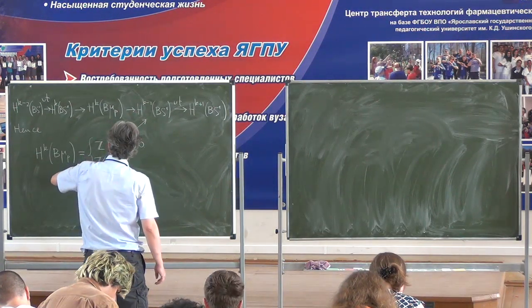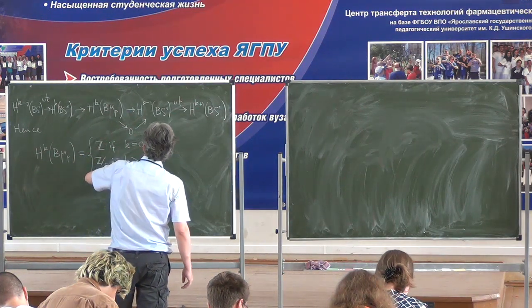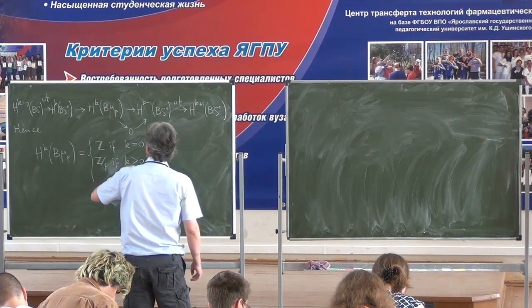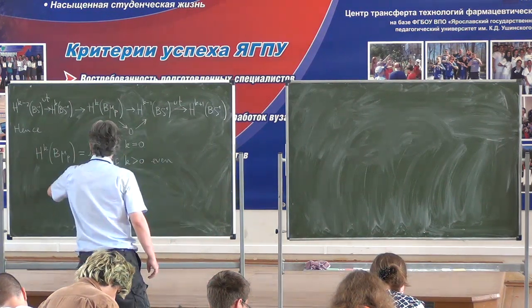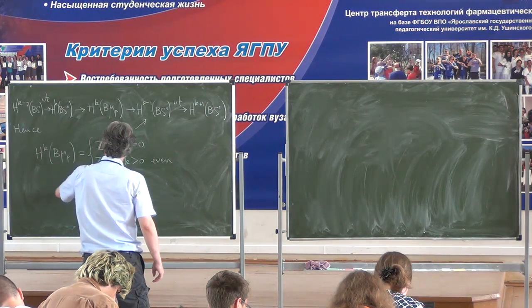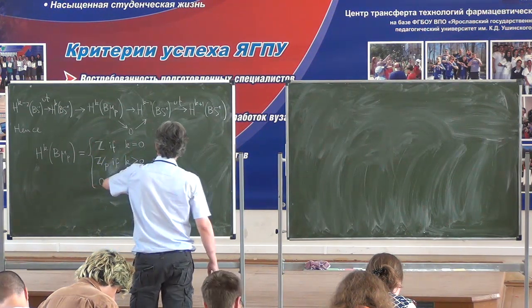It's Z mod p if k is bigger than 0 and it is even, and it's 0 if k is bigger than 0 and it is odd.